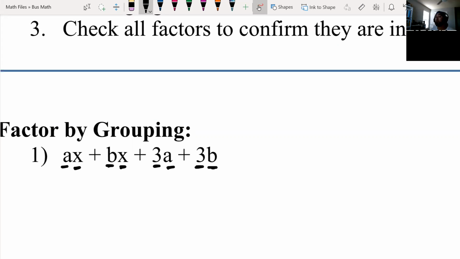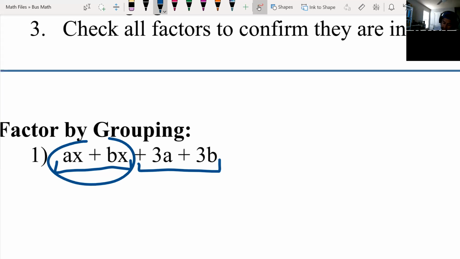So for this four-term polynomial, we see from the beginning, there's no greatest common factor, which means we can move forward to factor by grouping. So to factor by grouping, group the first two terms, group the last two terms, and now look for a greatest common factor in both.